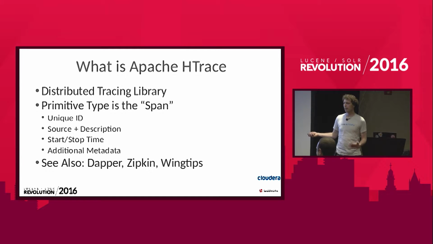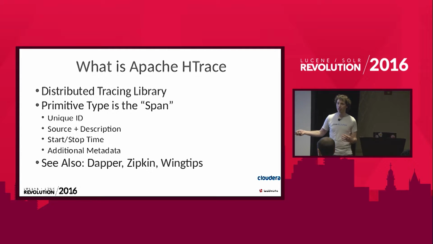Twitter did it, they called it Zipkin. Nike, very recently, it was just this summer, published something called Wingtips. That's their version of a tracing framework. All of these frameworks are largely compatible. They all work with this primitive type of the span, and it's pretty straightforward to translate.